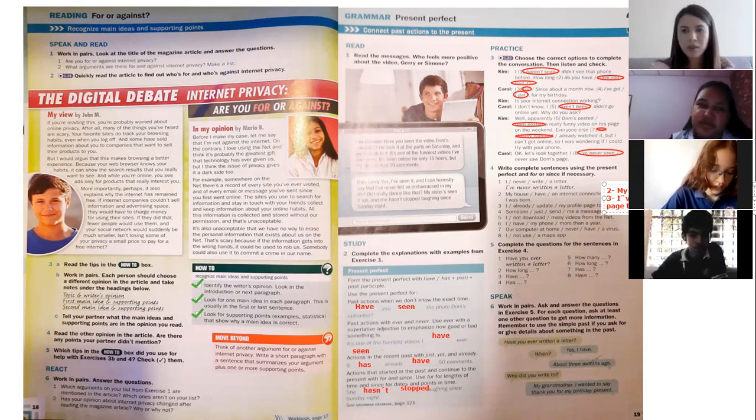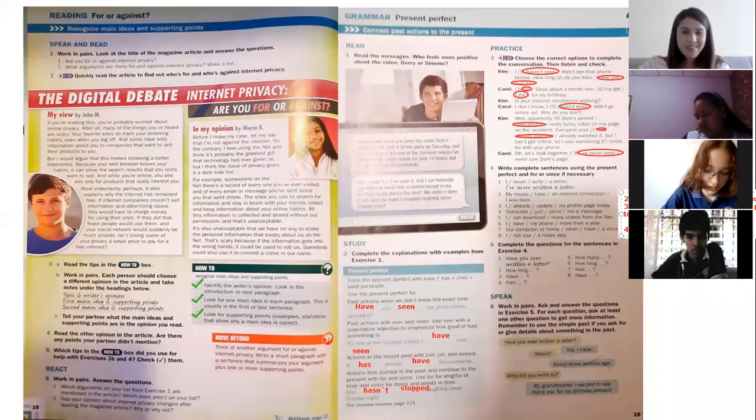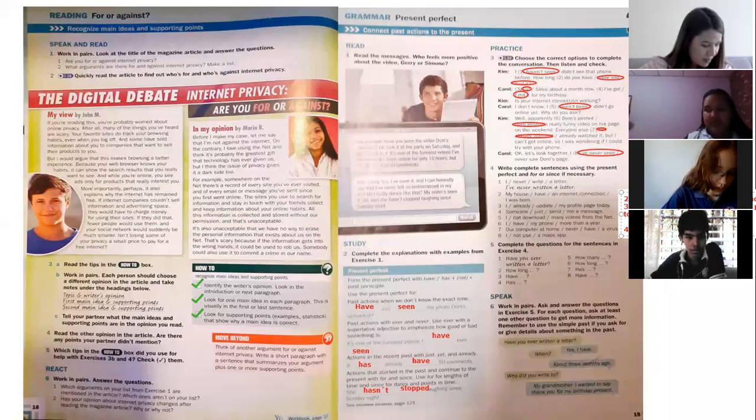Okay, the number four. Looking at number four, it says the subject is someone. Someone sería tercera persona o primera persona? ¿Cómo funge someone?